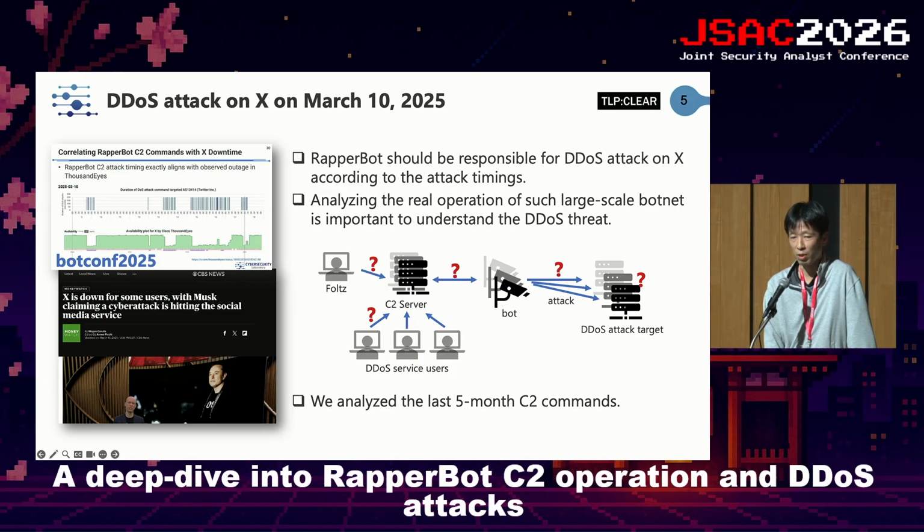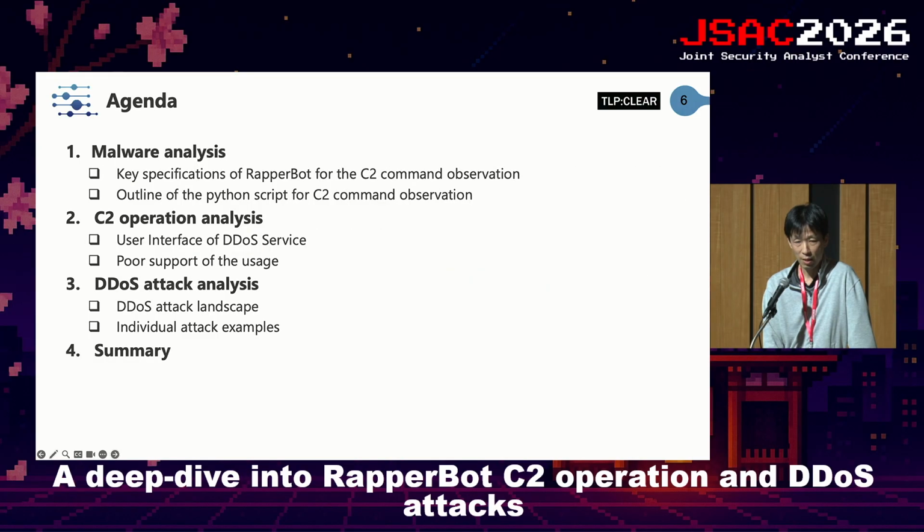The X failures which happened on March 10 were attributed to RapperBot. The large-scale bot came into focus. So, running up to the arrest, we analyzed the C2 operation over 5 months. So that's what I would like to share with you today.